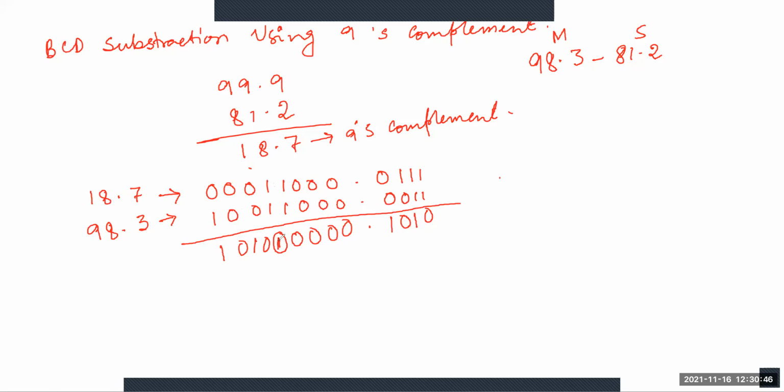This is the carry 1 for this 1 plus 1. Leave this carry 1 here. Again you just add this 1 and this 9. So 1 plus 1 is 0, carry 1. Then 0 plus 0 plus carry 1 is 1. 0 plus 0 is 0, 0 plus 1 is 1.